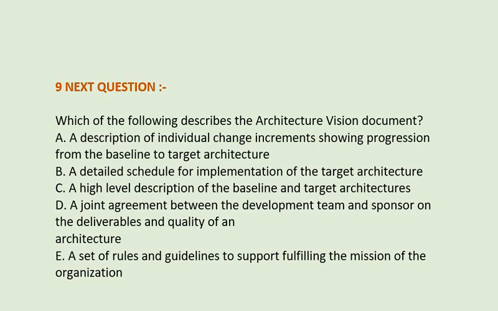Option D a joint agreement between the development team and sponsor on the deliverables and quality of an architecture. Option E a set of rules and guidelines to support fulfilling the mission of the organization. Correct answer is option C.